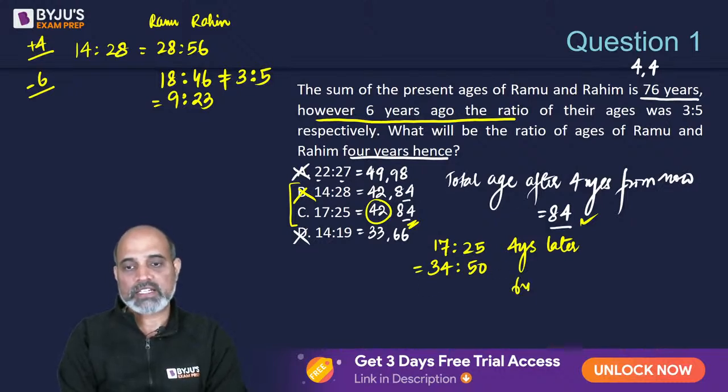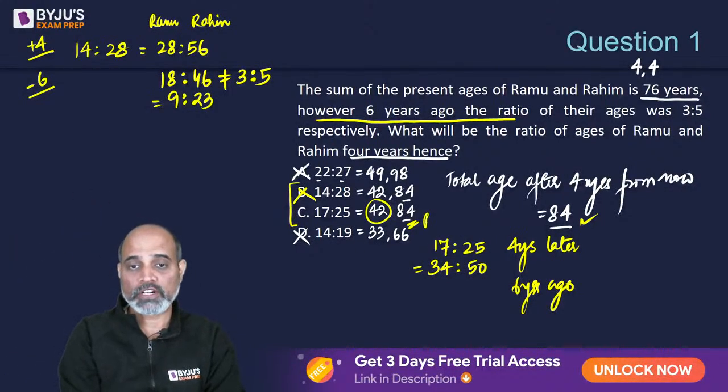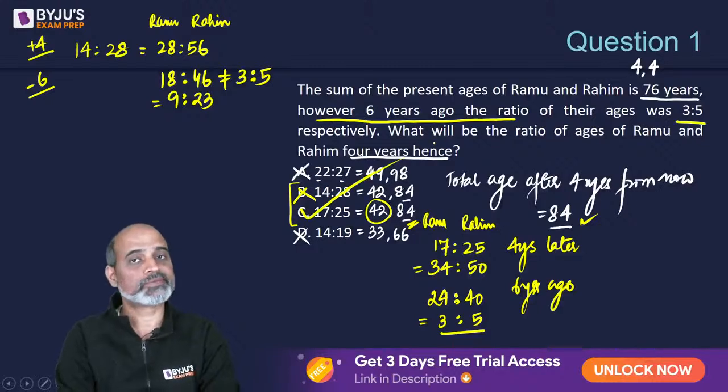Now 4 years later and 6 years ago, that's a change of 10 years. So if I talk about Ramu's age, his age would have been 24. If I talk about Rahim's age, it's going to be 40. If I take the ratio, this is 8 into 3 and this is 8 into 5. So this perfectly matches with the given ratio. So C becomes our answer.